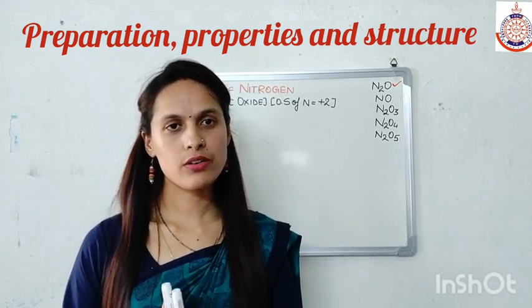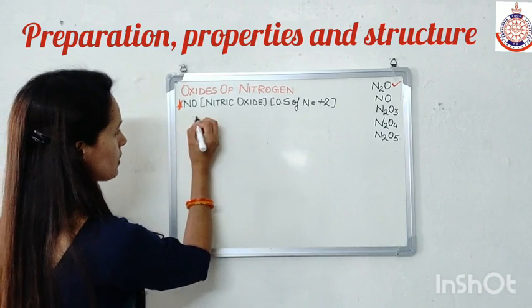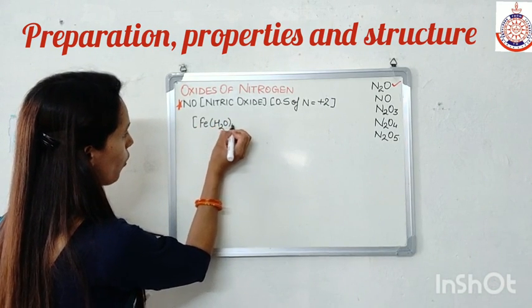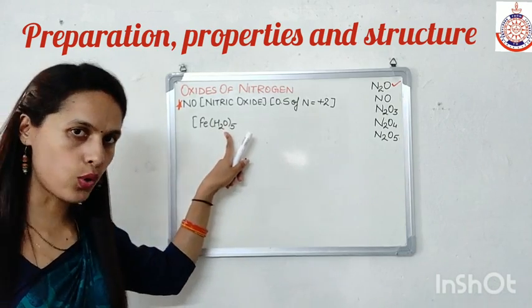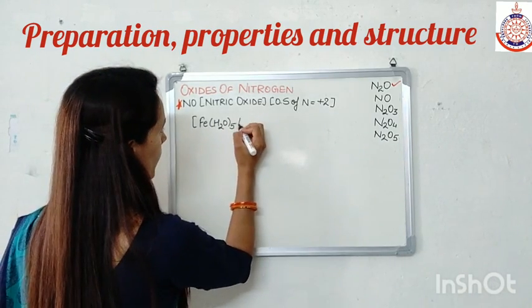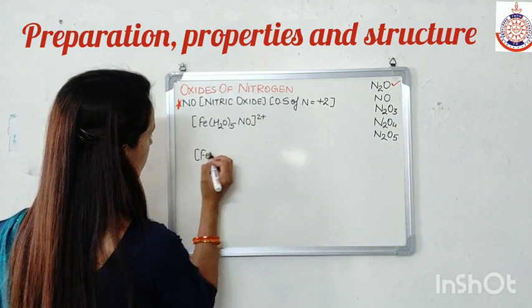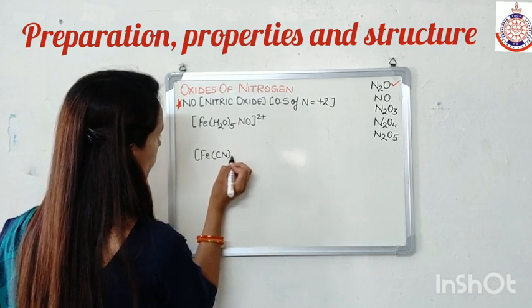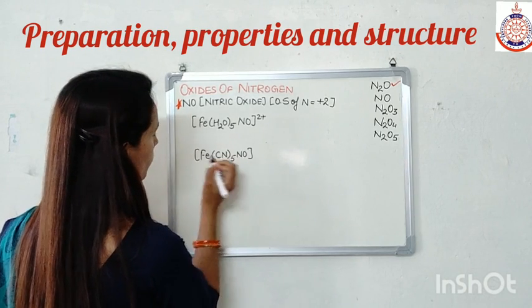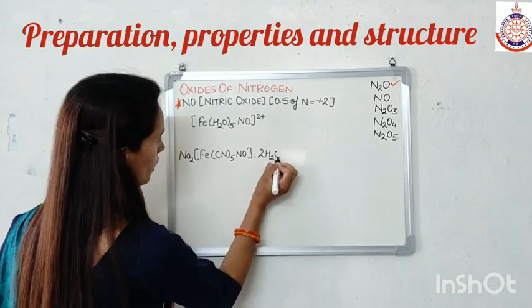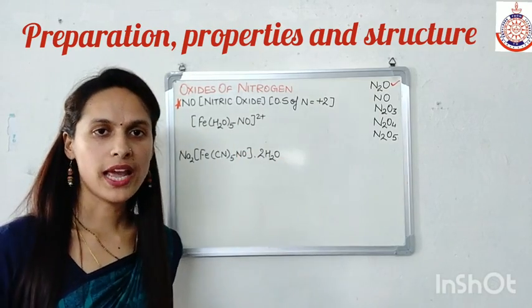Two important nitrosyls are [Fe(H2O)5NO]2+ and Na2[Fe(CN)5NO]·2H2O.